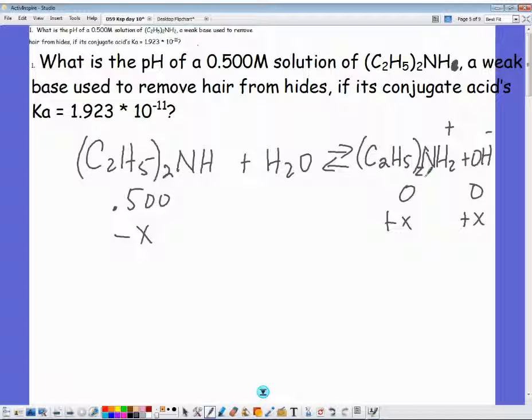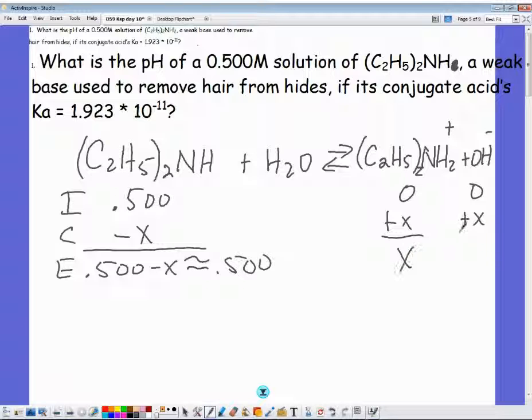So at equilibrium, did you write this down at equilibrium? Did you write the Kb expression?